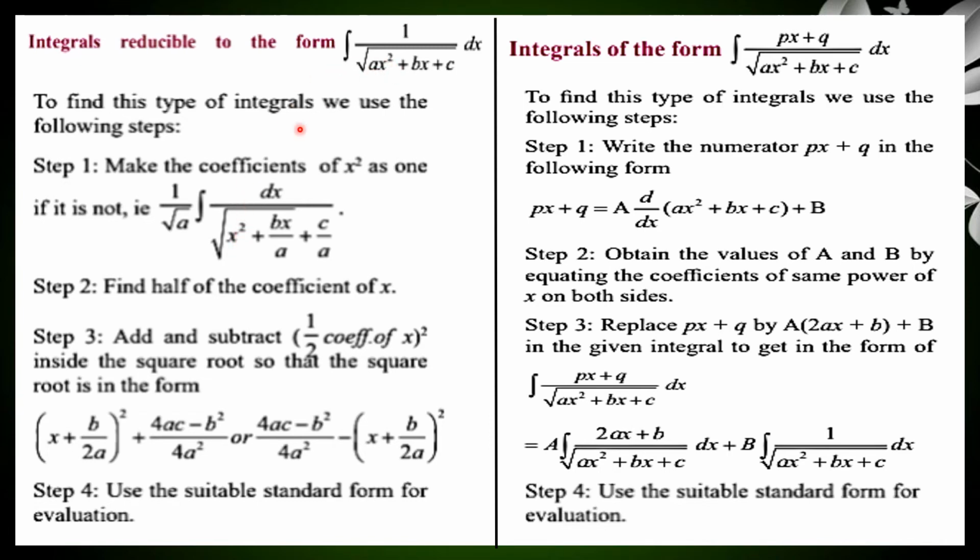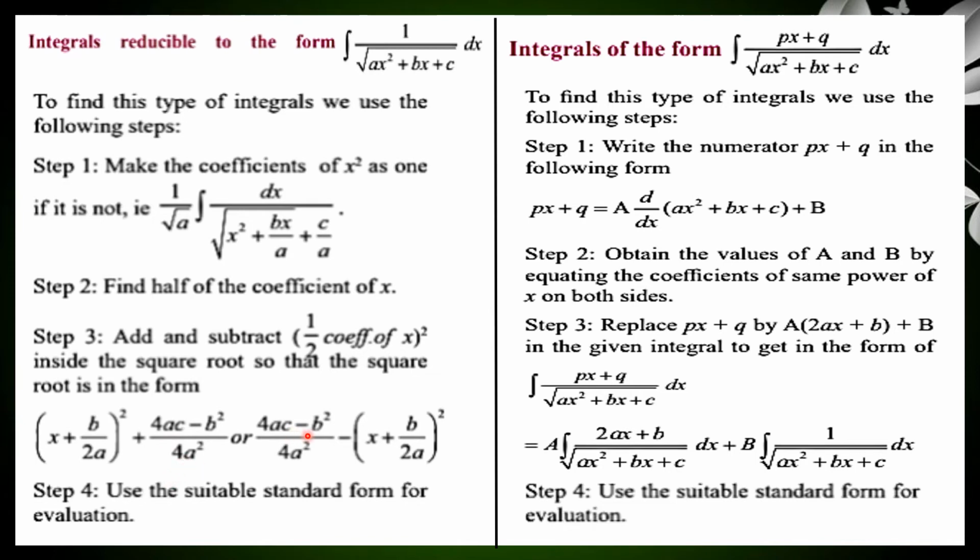But it is under the square root, so you will take a out as 1 upon root a, into integral dx upon root of x square plus (b upon a) into x plus c upon a, and make it a complete square, that is x plus b upon 2a the whole square plus (4ac minus b square) by 4a square.